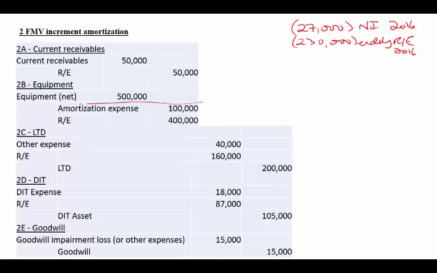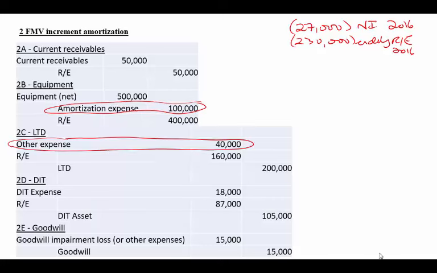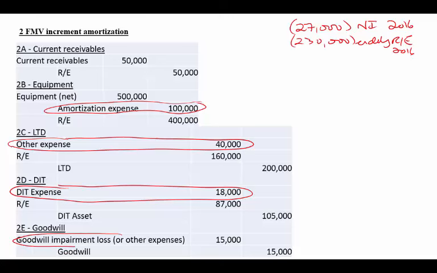You can see amortization expense, we have other expense, we have a deferred income tax expense for the current year, and we have a goodwill impairment loss for the current year. If we add those 4 amounts up, we should get to an income statement impact of negative $27,000, so a net credit of $27,000, and we do.